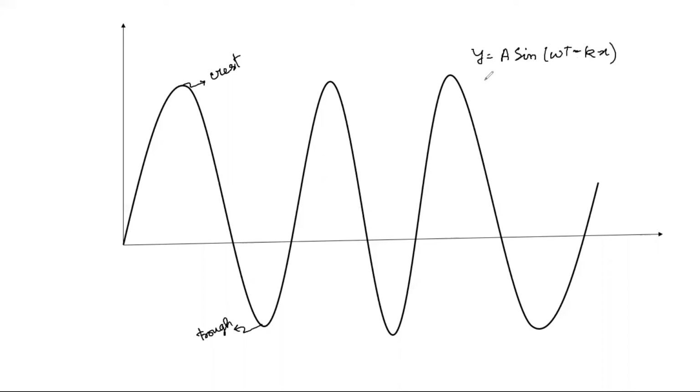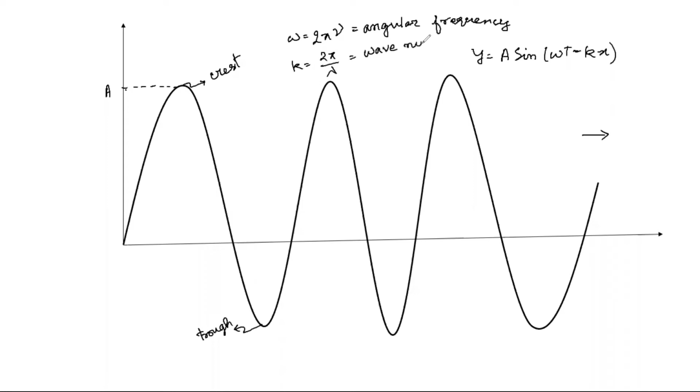This is the equation of a progressive wave, moving in the positive x direction, with amplitude capital A. Here ω is the angular frequency, which is 2πν, and k is the wave number, which is 2π by λ. ν is the frequency of this wave, and λ is the wavelength.